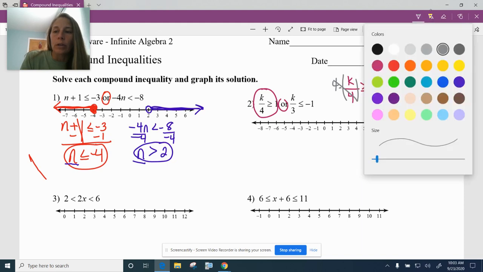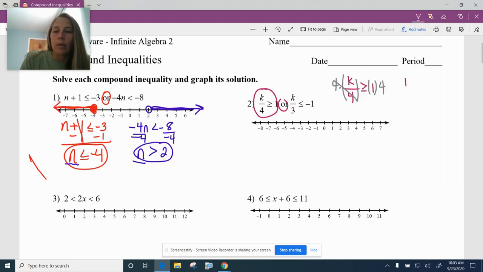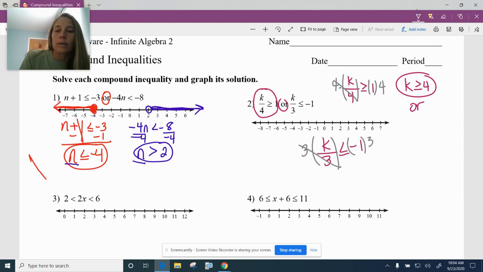So in this particular case, after I do that, I'm going to get k is greater than or equal to 4. Or I'm going to do the other part of my problem here. K over 3 is less than or equal to -1. And there I'm going to multiply by the 3. So now when I do that, I get k is less than or equal to -3.